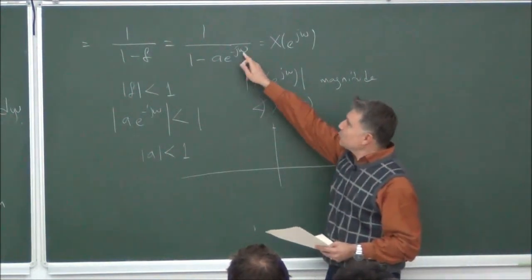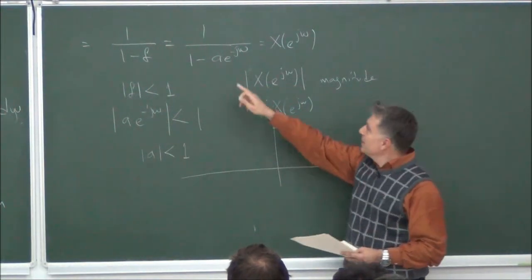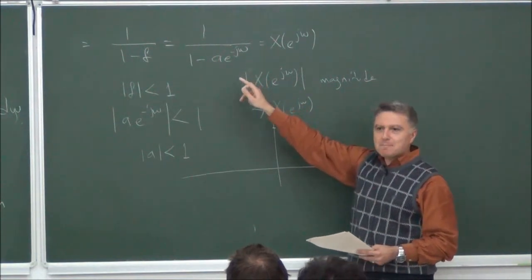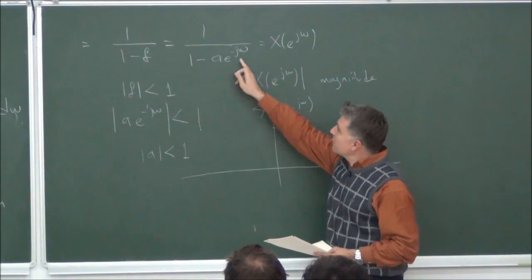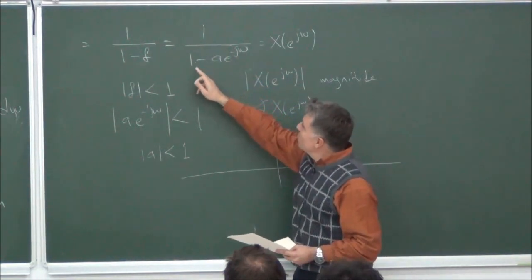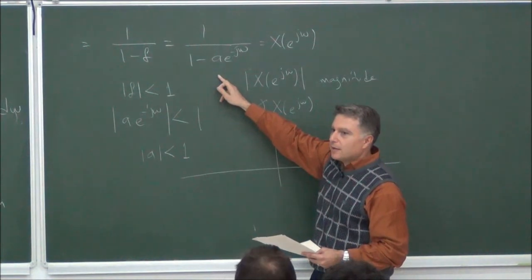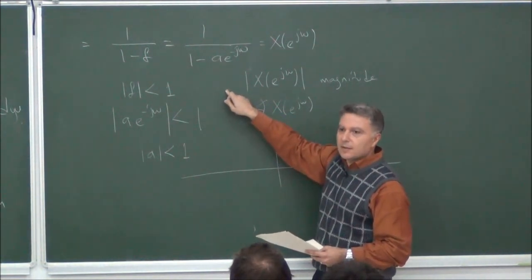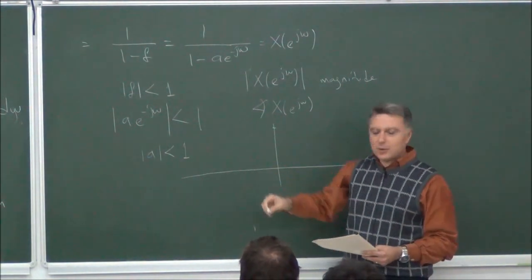When omega is equal to pi, the highest frequency, by the way, what is e to the minus j omega? What is e to the minus j pi? It is minus 1. If it is minus 1, 1 over 1 minus minus 0.5 is 1 over 1 plus 0.5. And what is 1 over 1 plus 0.5? 1 over 1.5 in other words.